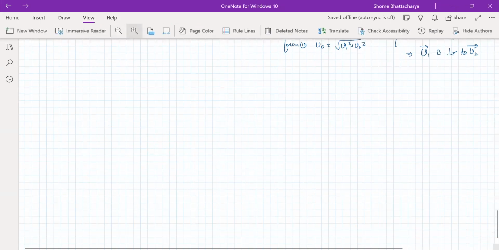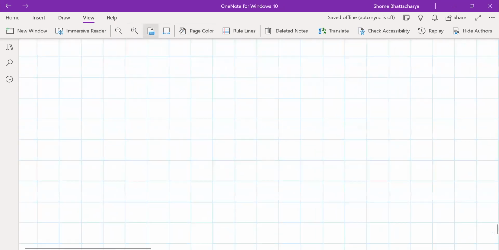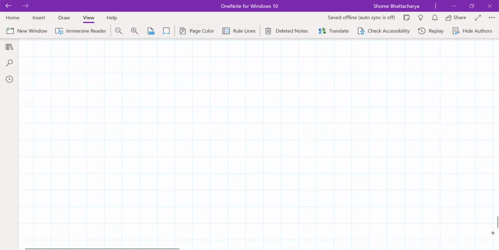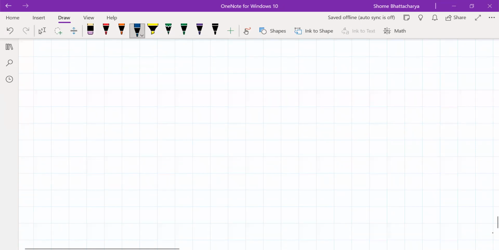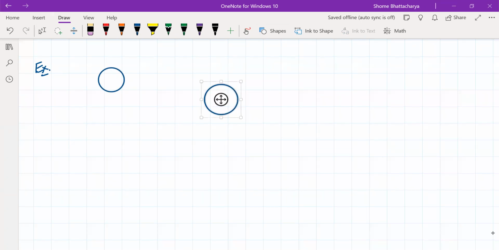So now we will come to a slightly more tricky type of question, which is, you can say, a JEE Advanced level question. So in this one, some information is given indirectly about the collision. Let's say these are two spheres or two disks of identical mass but slightly different radii, as you can see.